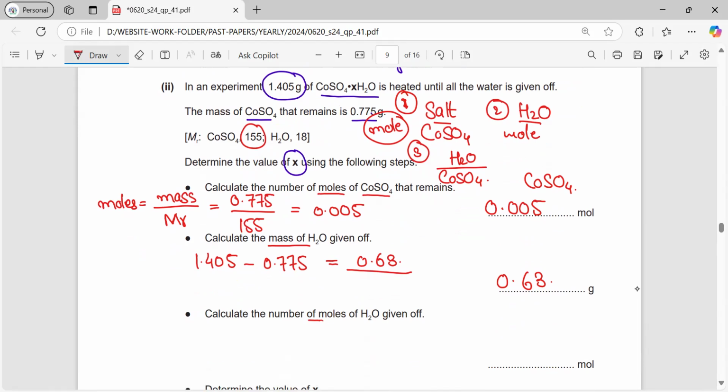Now we will calculate the number of moles of water again by using the formula. Moles is equal to mass over molar mass. Mass of the water is 0.63 divided by the molar mass of water, 18, given in the question. So 0.63 divided by 18. The answer is 0.035.